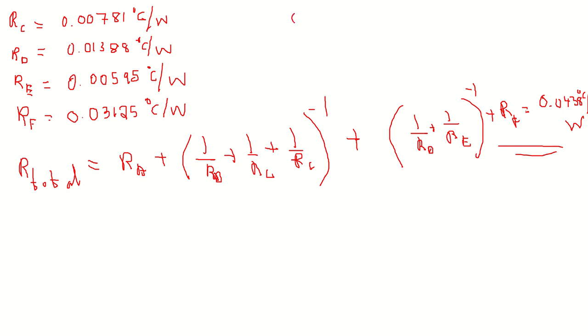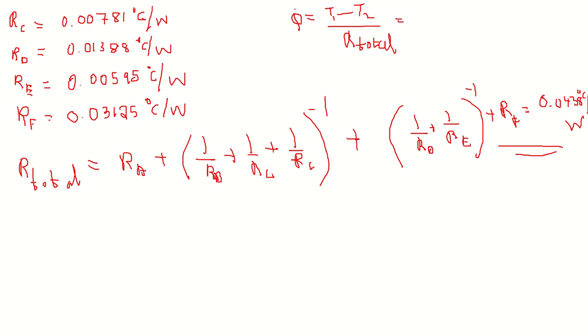So heat transfer for this small, first we will find for a small cross section which we have done. We found the R total for it. We will write T1 minus T2 over R total. This one I am doing right now for the small cross section, okay, which is 0.12 multiplied by 8.